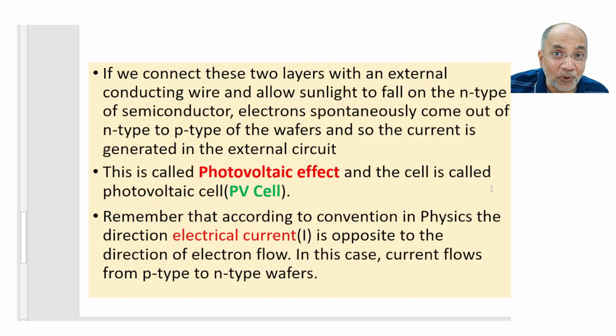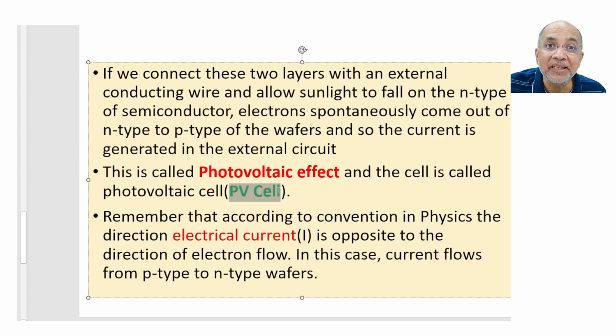That is why it is called the photovoltaic effect. No chemical reaction, unlike other electrochemical cells, batteries. This photovoltaic effect is different from the electrochemical process by which batteries are usually produced. Therefore, this cell is called a PV cell. What is PV? Photovoltaic cell. A solar cell is also called a PV cell.